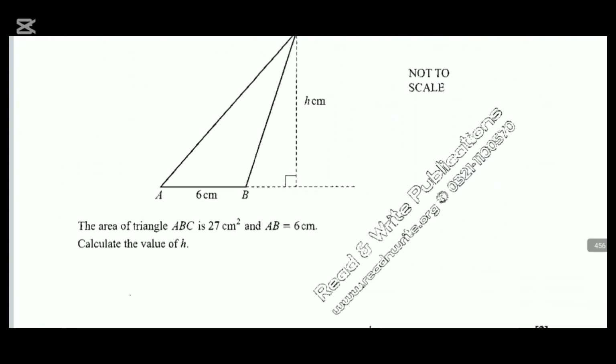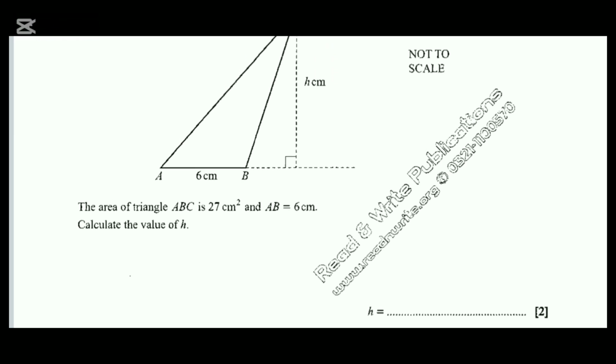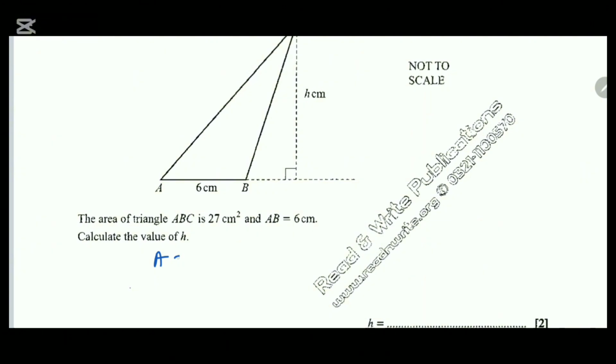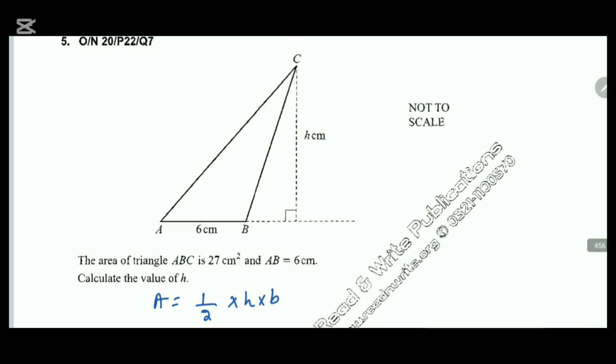Okay, next question. The area of the triangle is given. Calculate the value of h. Very easy question. Area is equal to 1 over 2 into height into base. This is the actual triangle.